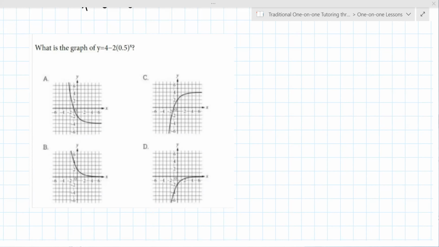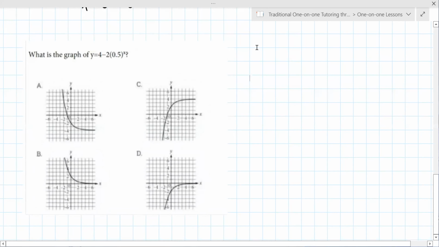I got C. You got C. Yeah, pretty fast. That was pretty fast. If that's truly, yeah, that is the right answer. It is C. So that's an example like, hey, maybe I should graph them all.